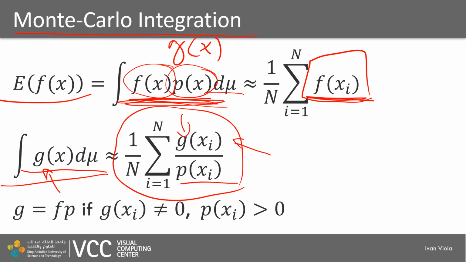The following conditions need to be fulfilled: for all values where the g function is not equal to 0, the probability has to be higher than 0. And the probability density function, of course, has to be non-negative.